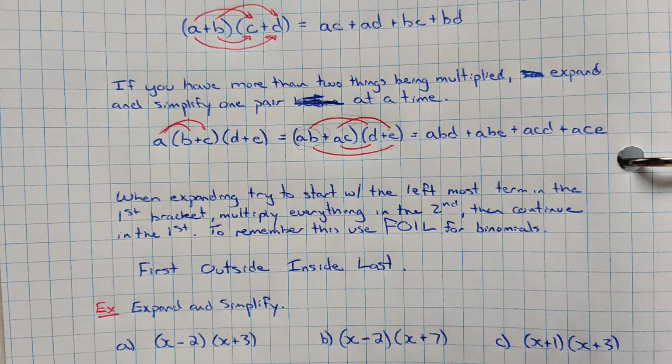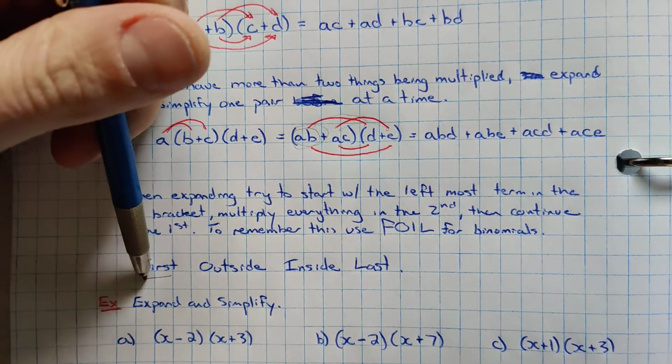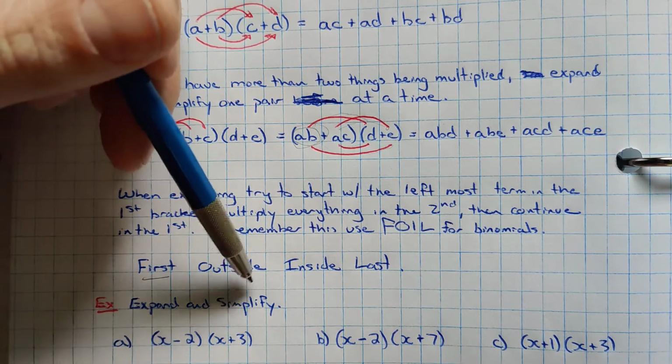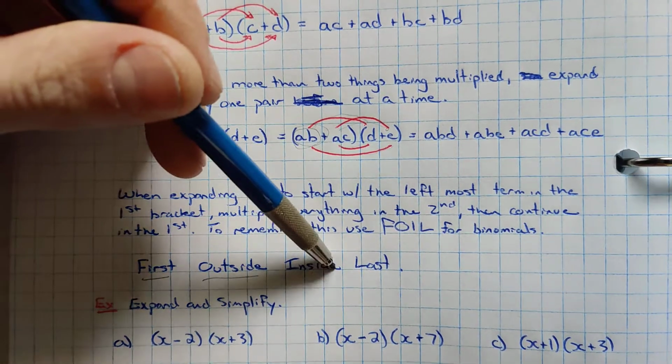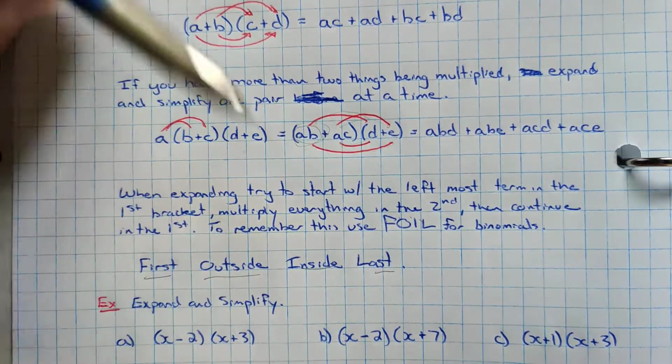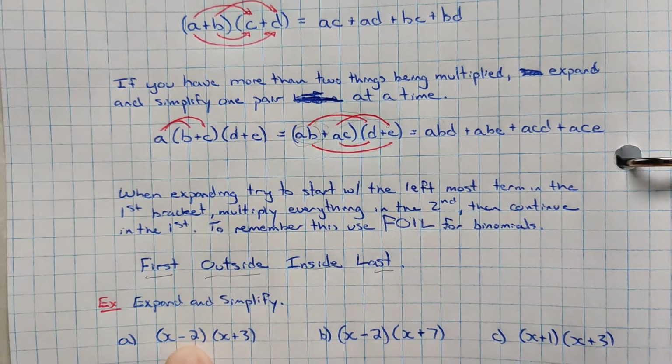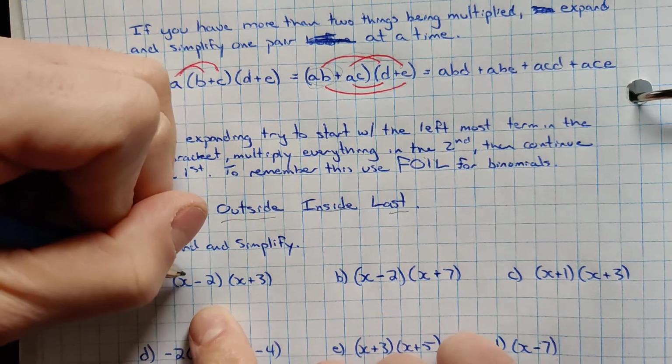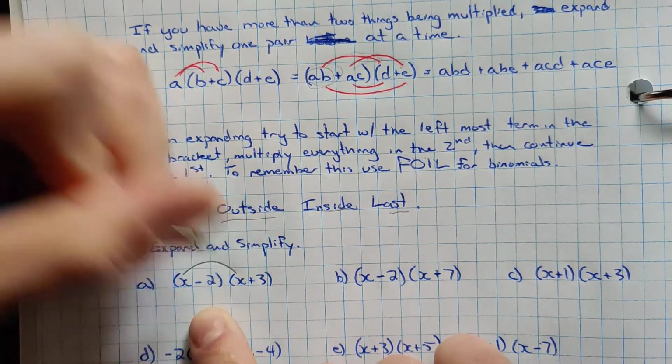Sometimes you will hear people say, FOIL out that pair of binomials. What that means is they want you to multiply the first term in each binomial, then the outside terms, then the inside terms, and then the last terms in the binomial.